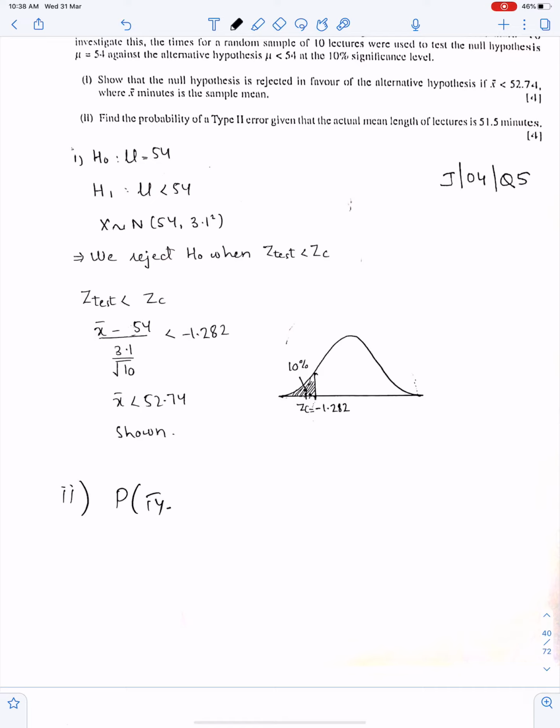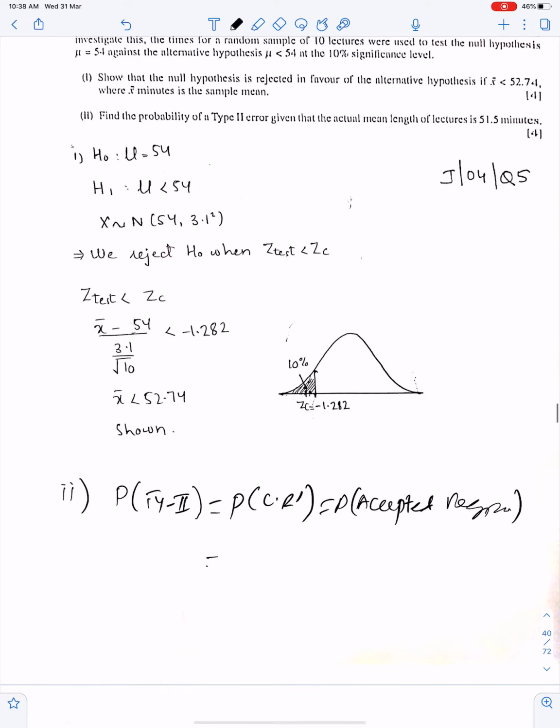The probability of type 2 error is the probability of the critical region's complement, or the probability of the acceptance region, which is x bar greater than or equal to 52.74, because this is the critical region.